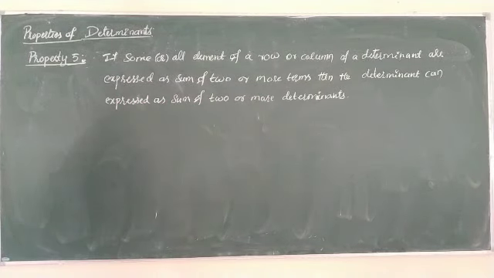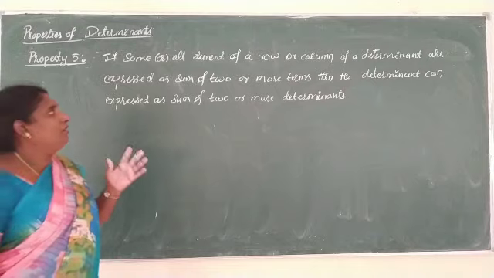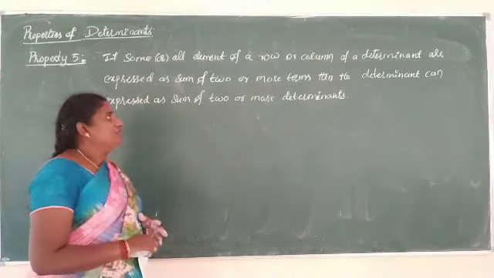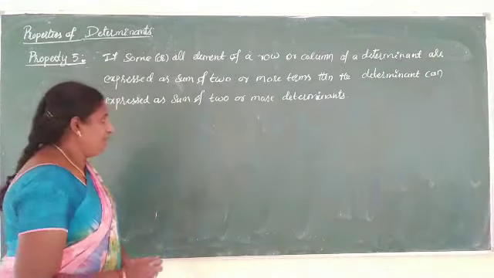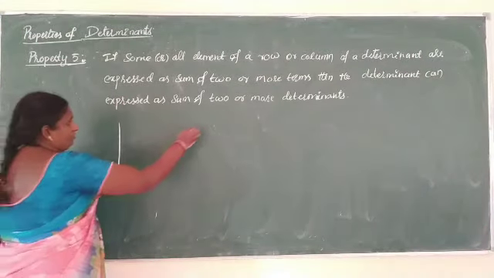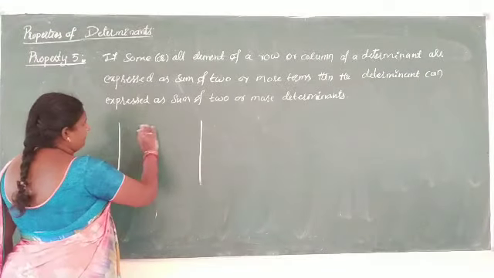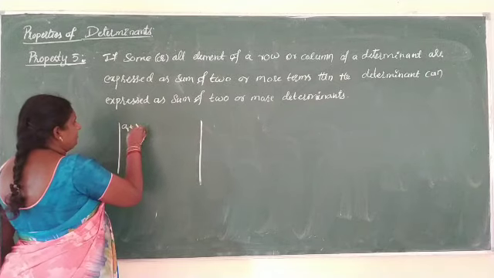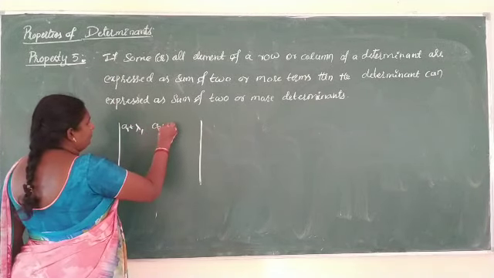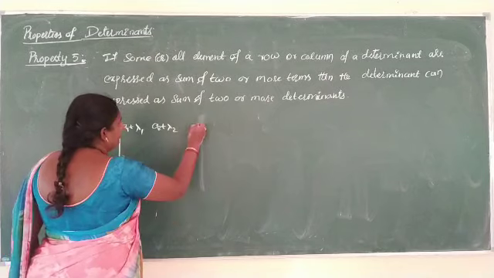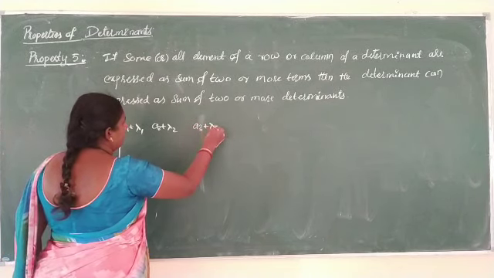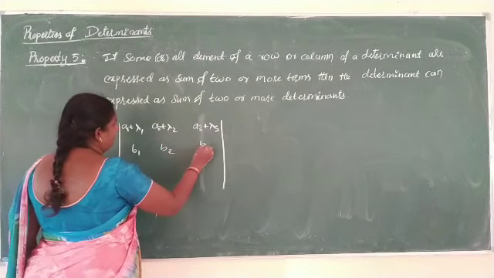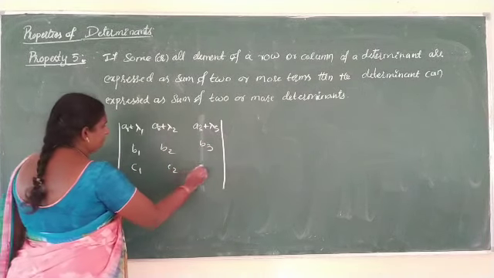So what is the meaning of this? If some or all elements of a row or column of a determinant are expressed as the sum of two or more terms, it means if any one row has all its elements expressed as a sum of two terms, suppose the first row is a1 plus lambda 1, a2 plus lambda 2, a3 plus lambda 3, and the other rows are b1, b2, b3, c1, c2, c3.